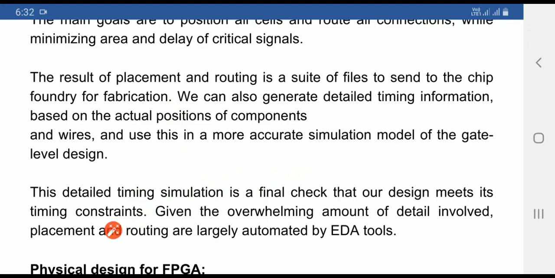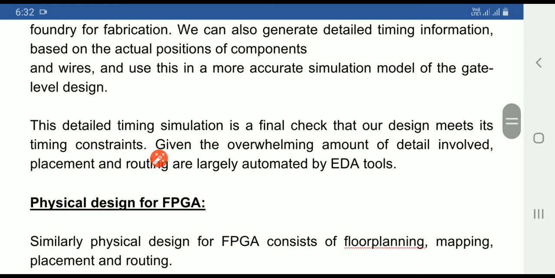The detailed timing simulation is a final check that our design meets its timing constraints. Once this is done, it can be tested and sent to the market.